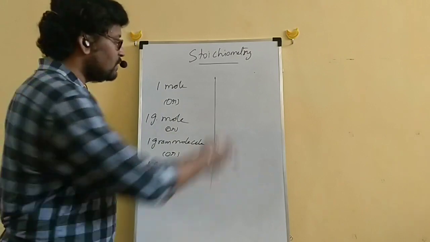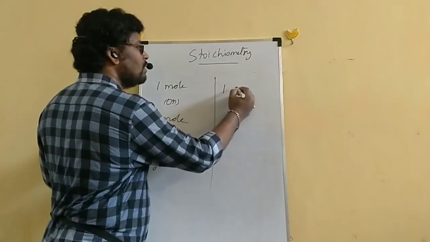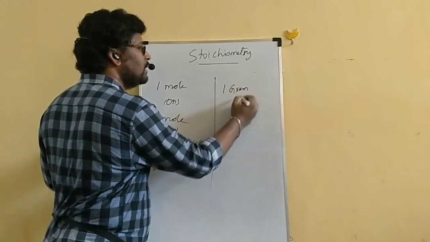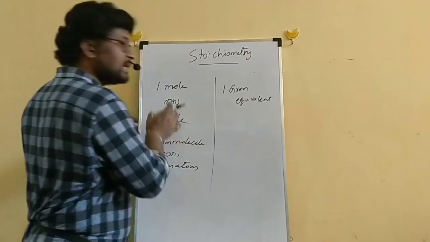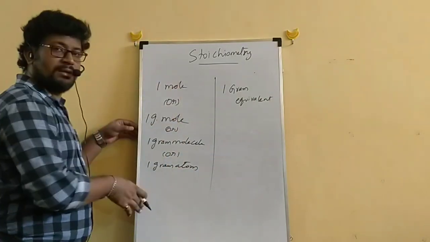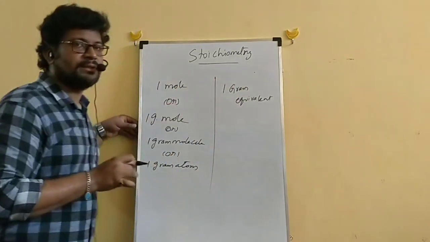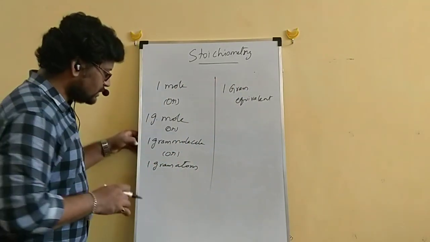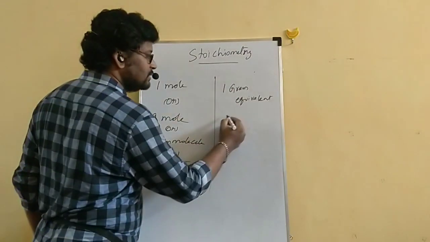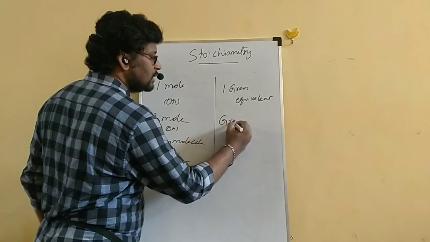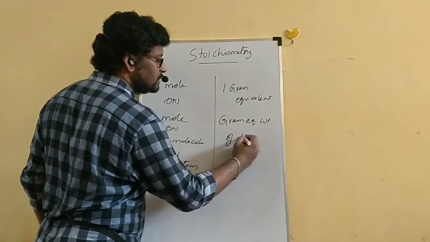Everything is the same. Now coming to equivalent weight, 1 gram equivalent. In the way we say the number of moles, here we will say simply 1 gram equivalent. 1 gram equivalent is nothing but the gram equivalent weight of the substance.